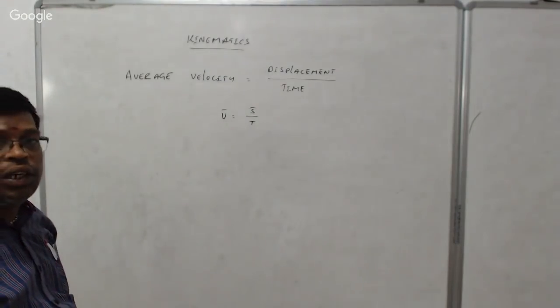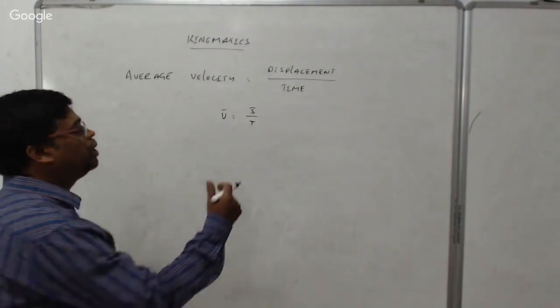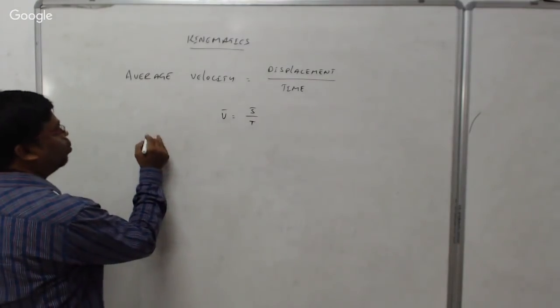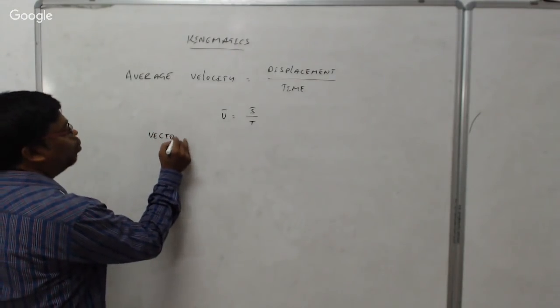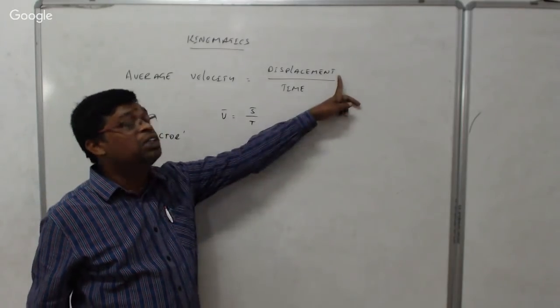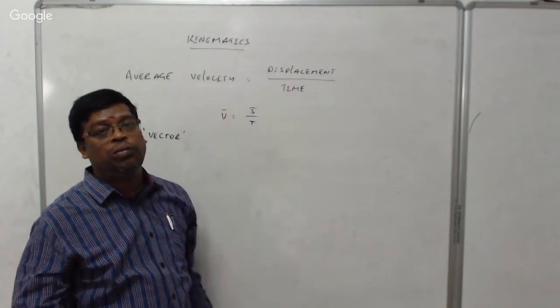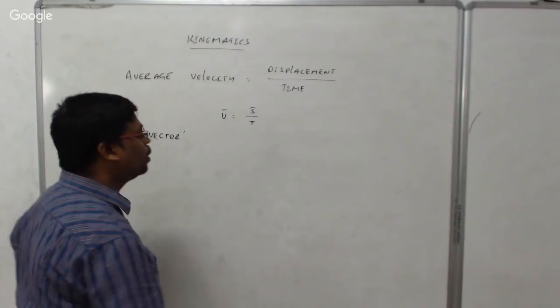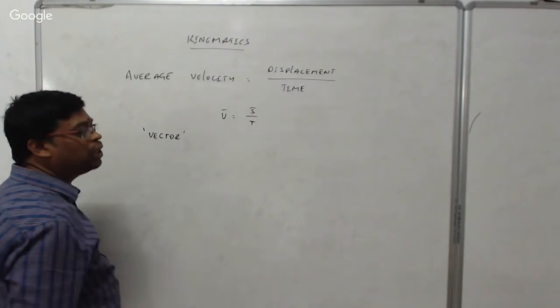What is velocity? It is a vector physical quantity. Why is it a vector physical quantity? Because displacement is a vector, so velocity will be a vector. Then how do you measure velocity?